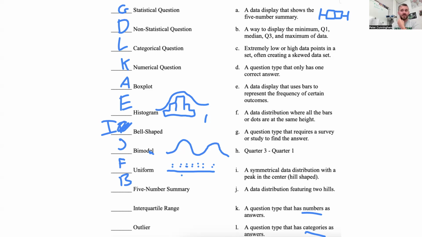Uniform data is symmetrical, but it is not bell-shaped. 5-number summary, like we said, is when you put your min, Q1, median, Q3, and your max into a box and then use it to make your box plot.